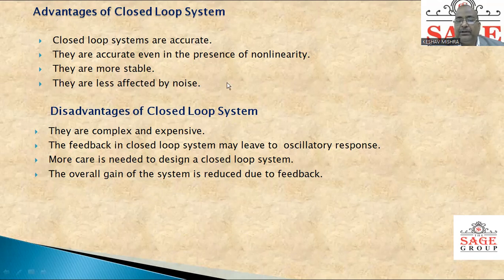Stable means that if we provide a bounded input, the resulting output should also be bounded, but this closed loop system may lack stability. So another disadvantage of the closed loop control system is reduced gain.